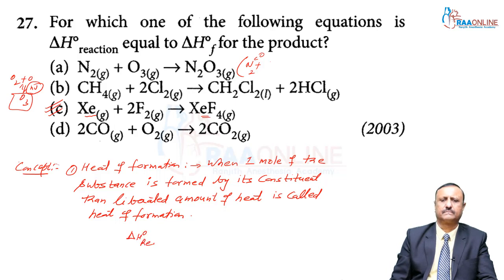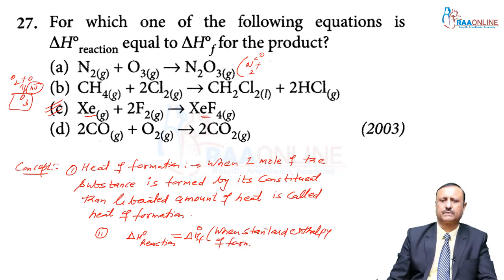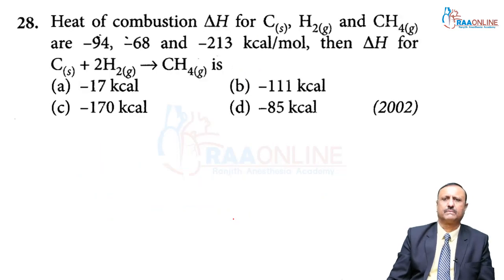Delta H reaction is equal to delta HF when standard enthalpy of formation is equal to 0. So, my dear students, this is the answer. Question number 27, you get answer C. Now, we can go to question number 28.